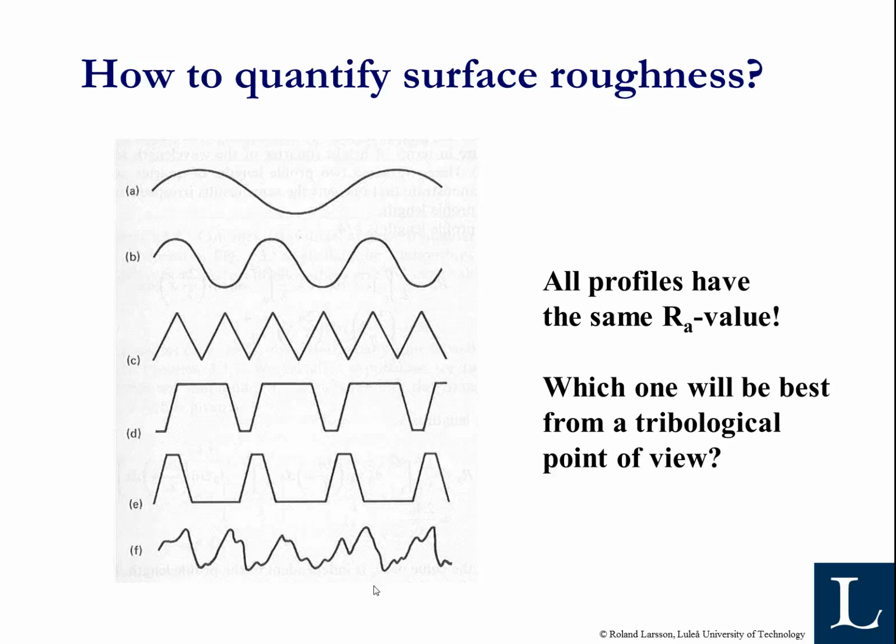Well, I think it's pretty easy to understand that intuitively, or you can also think about making a surface like this, and then you take your shoes off and you walk on these surfaces, and you may find that, for example, profile C is not that nice to walk on, while maybe profile D is much better. But still the Ra value is the same, so the Ra value is not very good to describe the surface roughness from a tribological point of view.